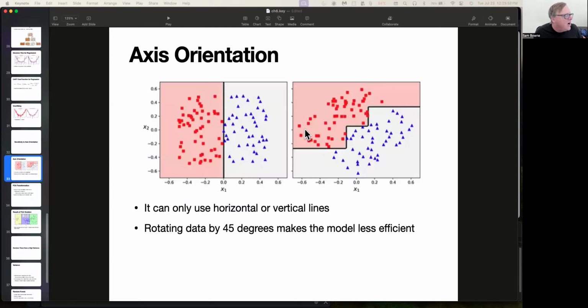So if you have a rotated thing like this, you wouldn't use this axis or this axis as the most effective one. You would create a new input that's something like x1 plus x2 or x1 minus x2 that would give you a line like this as a natural line. And that's what principal component analysis does.